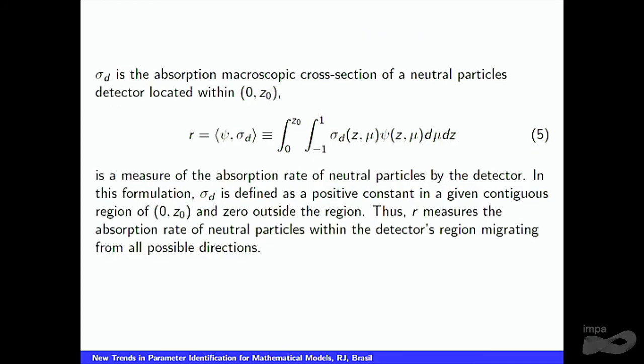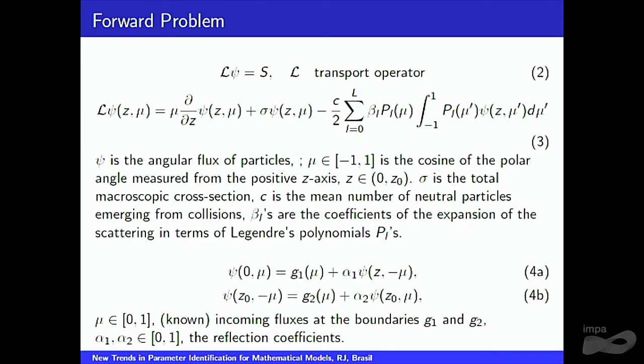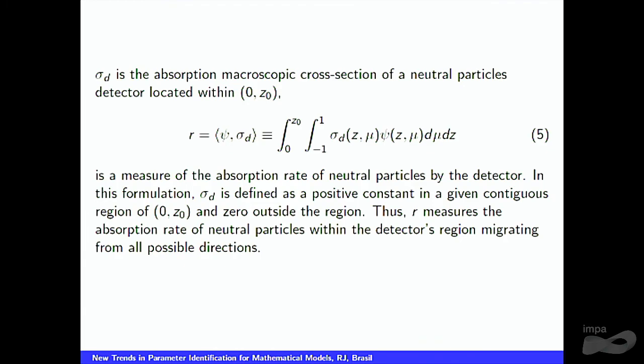If I know the solution of that equation and I want to evaluate that absorption rate, I have to evaluate these integrals as defined here. But the angular flux depends on the solution of the problem. And if I change the source in this problem, as we will see, I have to reevaluate the flux every time to get the absorption.